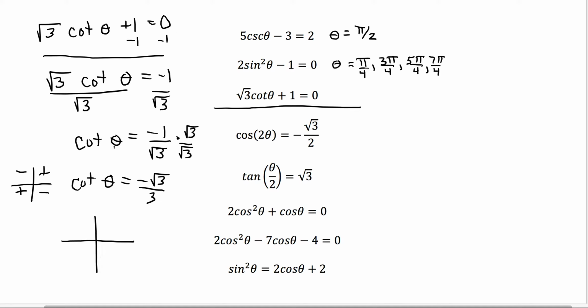So I'm going to draw my pi over 3. That's my memorized value. And then I'm going to reflect that angle into the right quadrants. So I need it to go to quadrant 2. So that's going to be 2 pi over 3 as one solution.